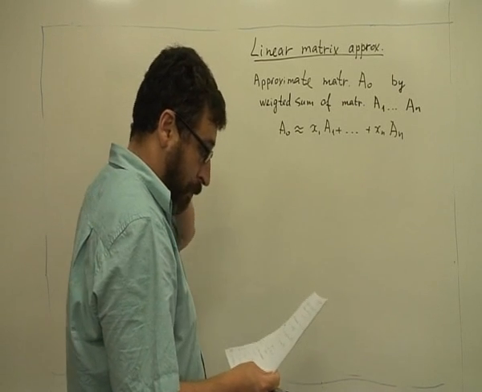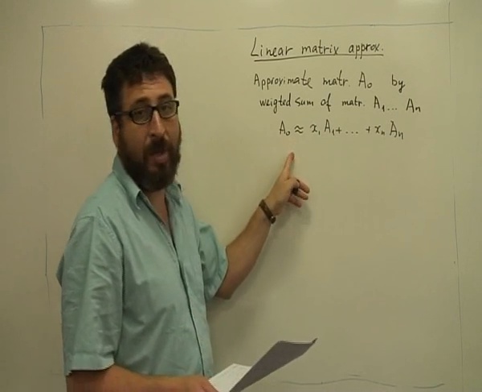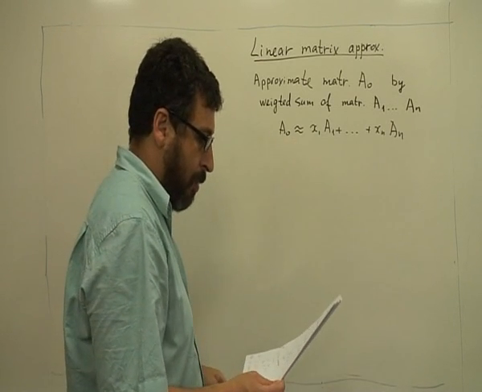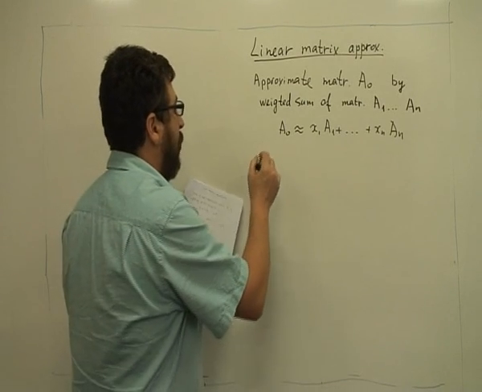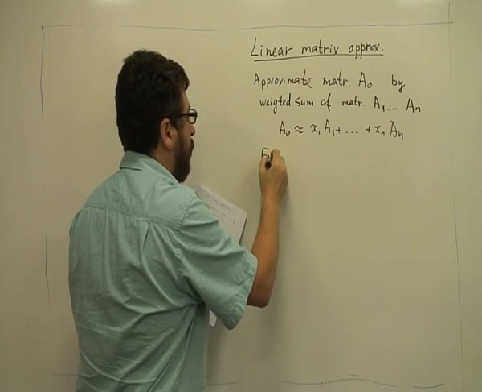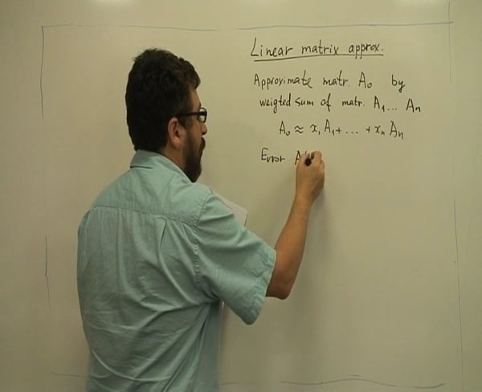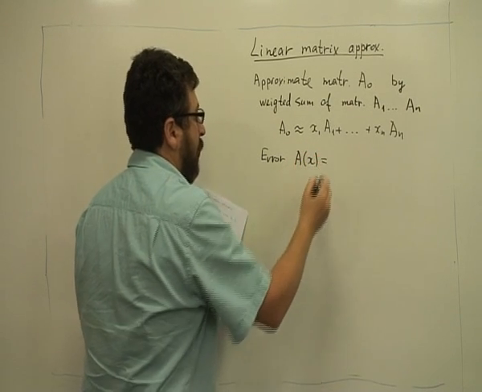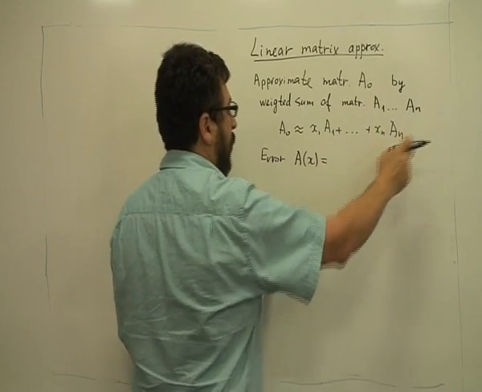And so we want to minimize the error of this approximation. Let's define this error A of x as the approximation minus A0.